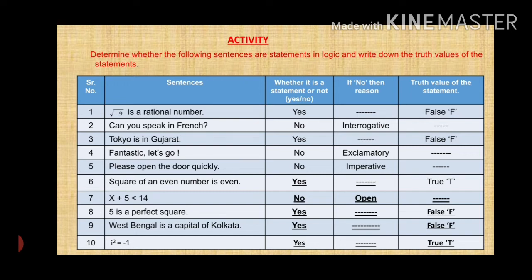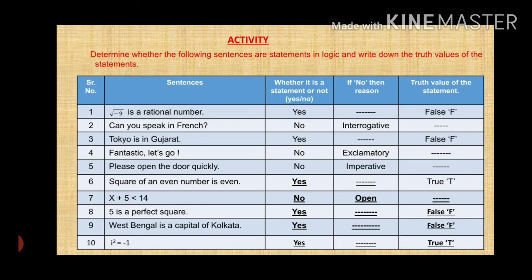Next sentence. X plus 5 is less than 14. See, this is not a statement. Why? Because, if you put any value of x here, the truth of this statement will change. Suppose if I put x is equal to 2, then 2 plus 5 is 7, 7 is less than 14.